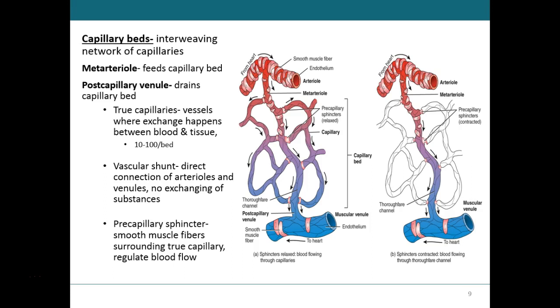So tissues with a very high metabolic requirement, like muscles, which are always contracting, the brain, the liver, the kidneys, the nervous system, all of those are going to use a lot of oxygen and nutrients, so they have to have a much more extensive capillary network to be able to get that oxygenated and that nutrient-rich blood out to those tissues. Tissues that have a lower metabolic requirement, such as tendons and ligaments, contain fewer capillary beds.